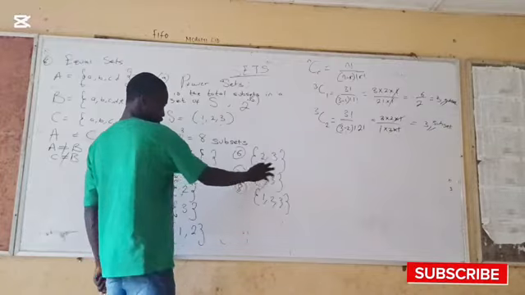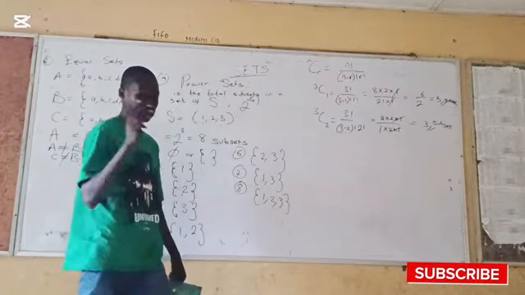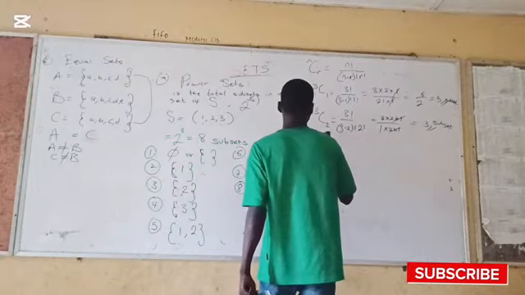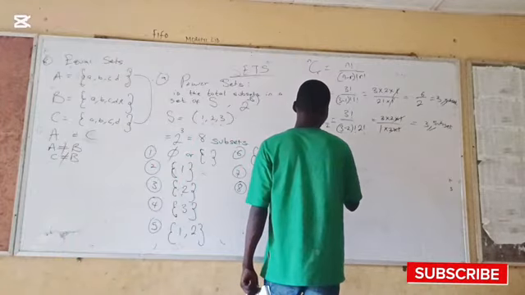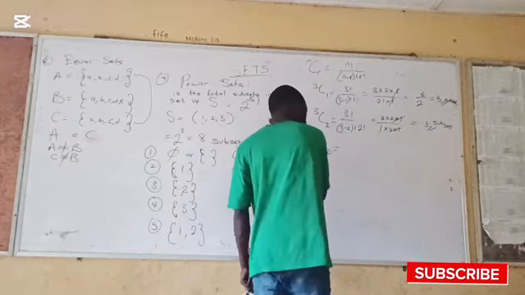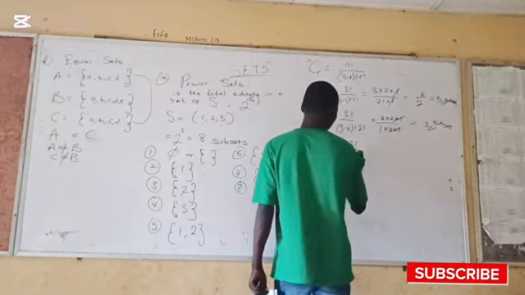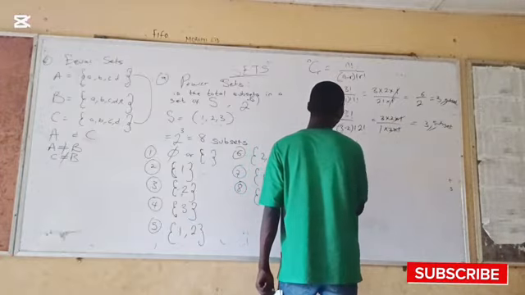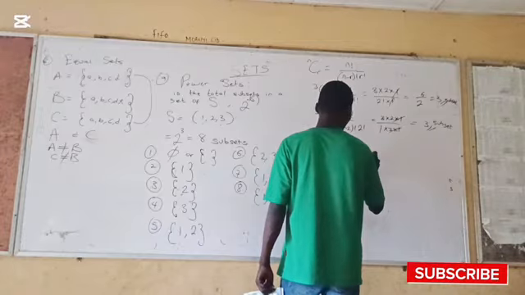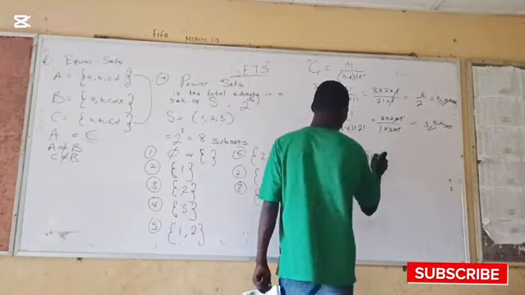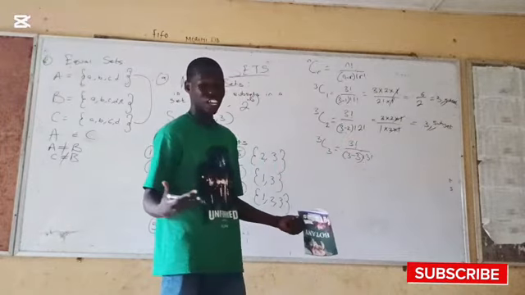So this contains 2 elements, this contains 2 elements, this contains 2 elements, 3 subsets. Now, the last one containing 3 elements. Now we have 3 factorial divided by (3 minus 3) factorial multiplied by 3 factorial. I hope you guys are getting along.